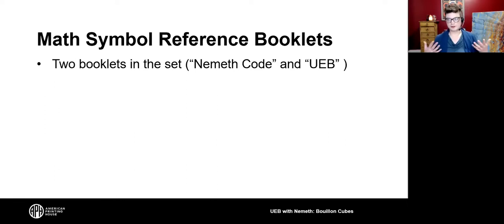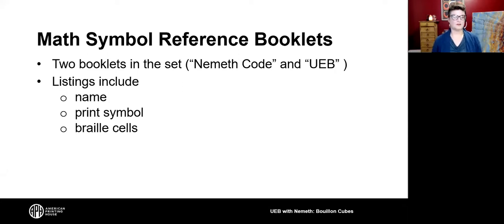Each time you order them, it comes in a 2-booklet set. One booklet is called Nemeth Code, the other UEB. So one booklet is devoted to UEB with Nemeth symbols and examples, and the other is devoted to UEB math/science symbols and examples.